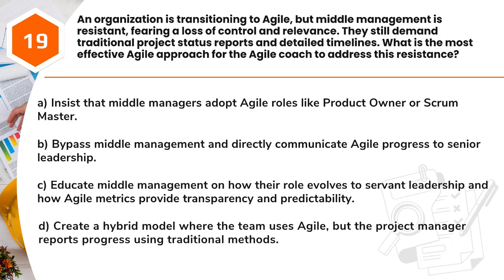B. Bypass middle management and directly communicate Agile progress to senior leadership. C. Educate middle management on how their role evolves to servant leadership and how Agile metrics provide transparency and predictability. D. Create a hybrid model where the team uses Agile, but the project manager reports progress using traditional methods.